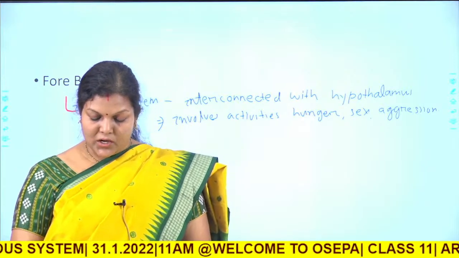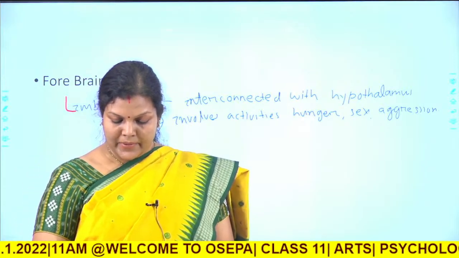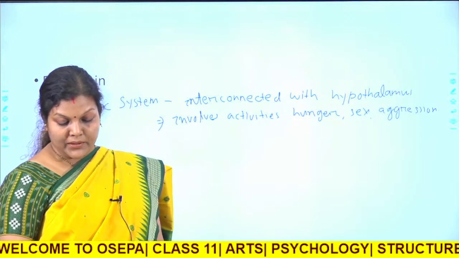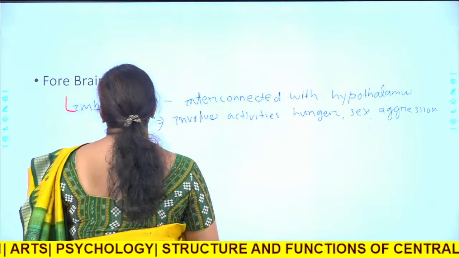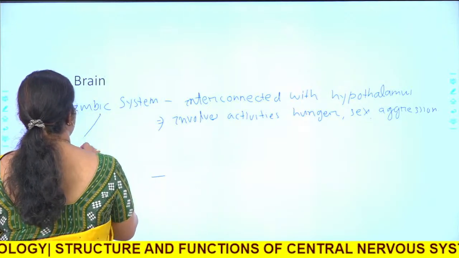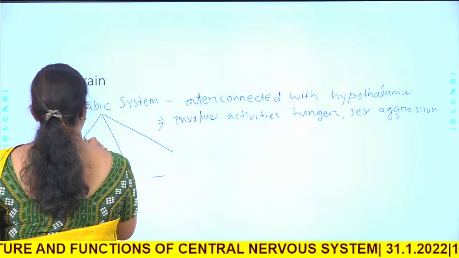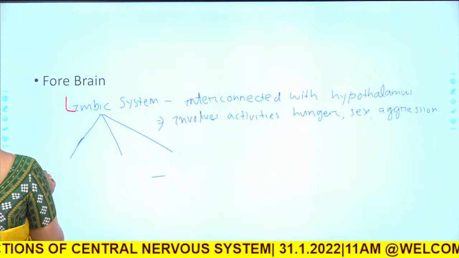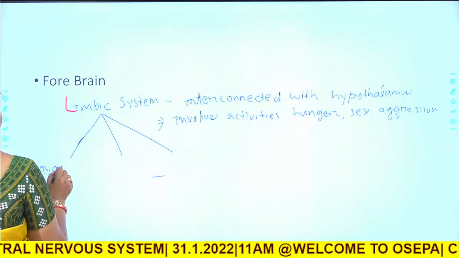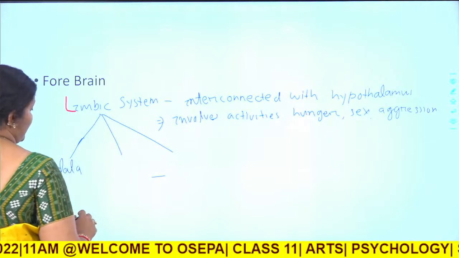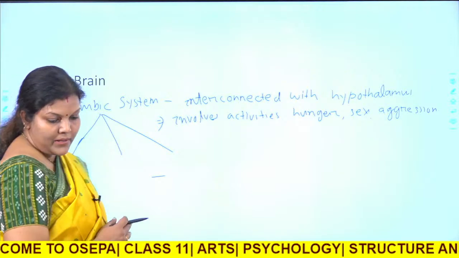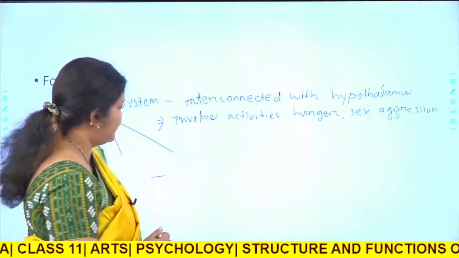The three basic structures in the limbic system are amygdala, hippocampus and septum.